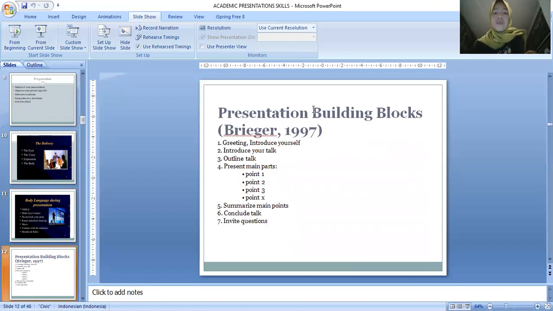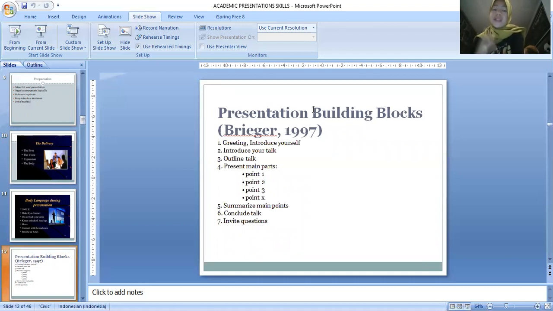These are examples of presentation building blocks. It is taken from Rieger, 1997, which begins with a greeting and then introduce yourself. After that, you introduce your talk and then outline the talk and present the main parts. If you have 4 or more parts, please present them here.